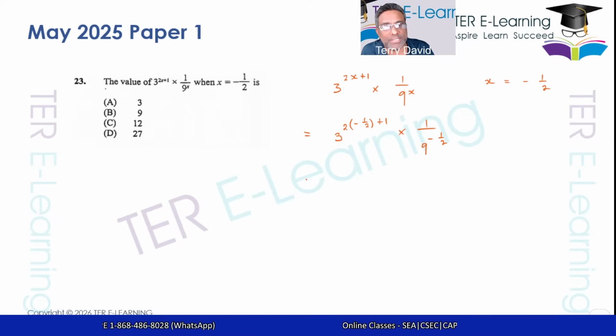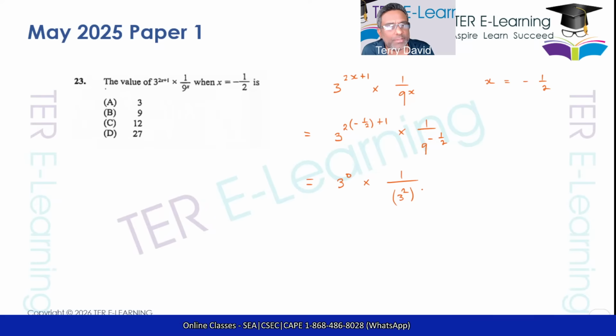Okay, so let's see what's happening here. This is going to be 3 to the power 2 by minus a half, which will give us minus 1. Minus 1 plus 1, we get 0. Multiplied by 1 over 9 to the power minus a half, that's the same as saying 3 squared to the power minus a half.